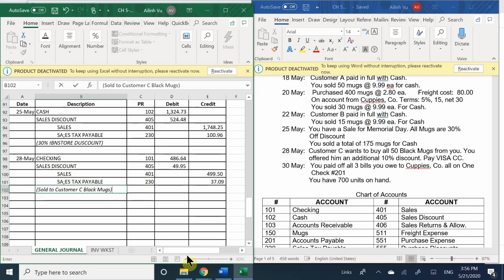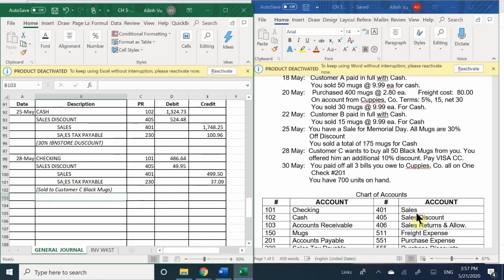We didn't have an account with him, or he didn't create an account. We just made sure that we noted we sold it to him because he can come back and say, I don't want the black cups anymore. He's the one who specifically said he's here to pick up all of the things, and we gave customer C a specific discount. So it's good to keep note of that.